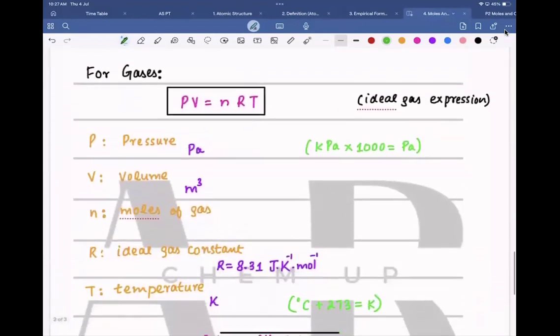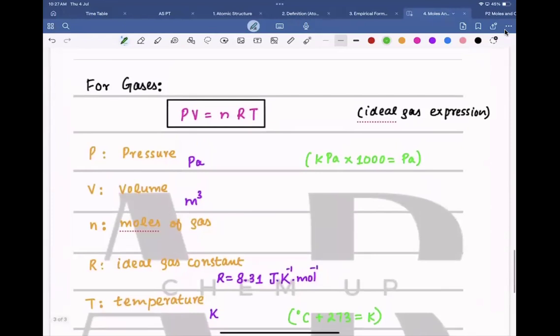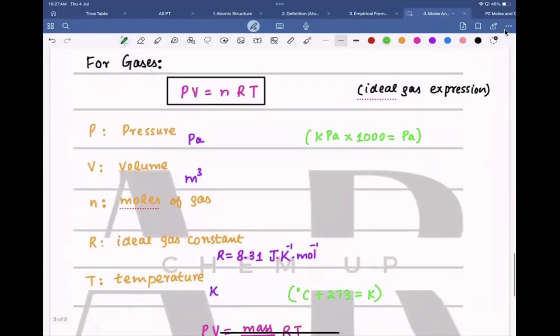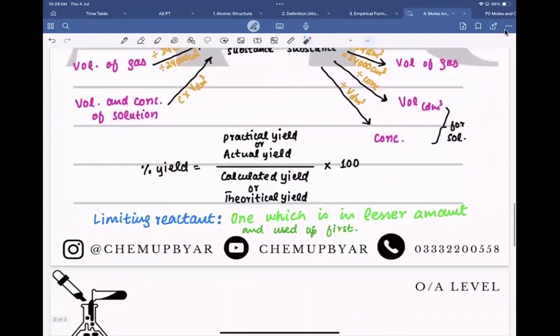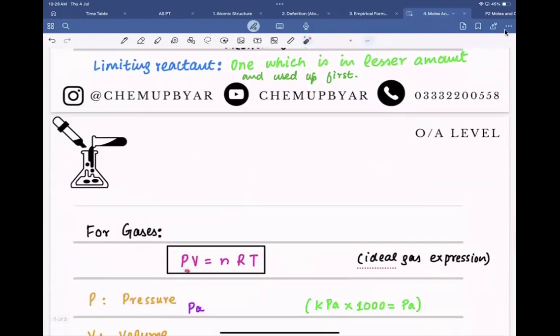Okay. Now, there is one more expression that is usually asked by the examiner, and numericals come from this expression as well. This is called the ideal gas expression, PV equals nRT.